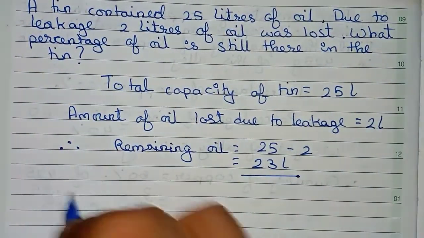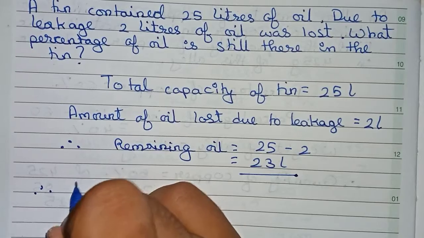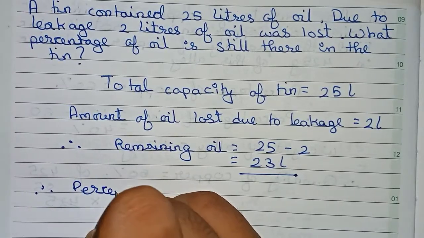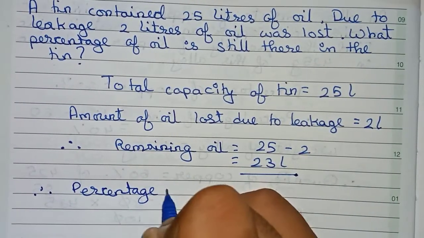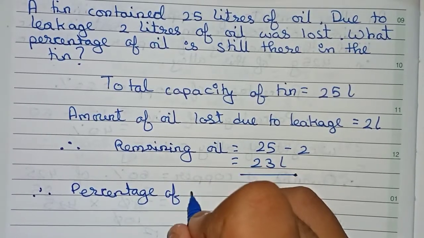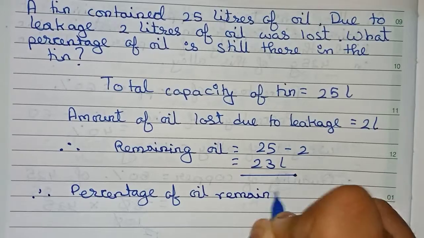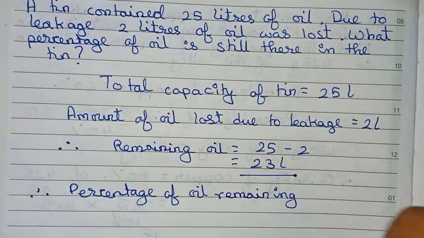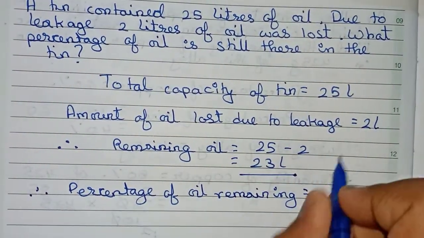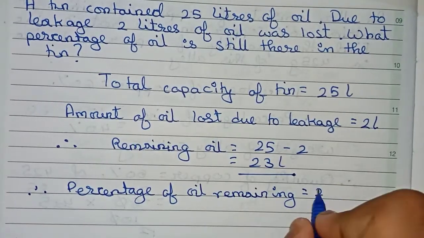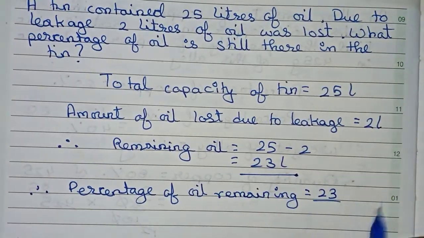Now what I have to find out is given: the percentage of oil remaining. This you have to find out. So first you write 23, that is the remaining oil, by the total, that is 25.